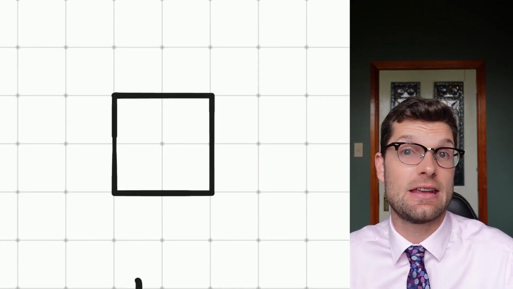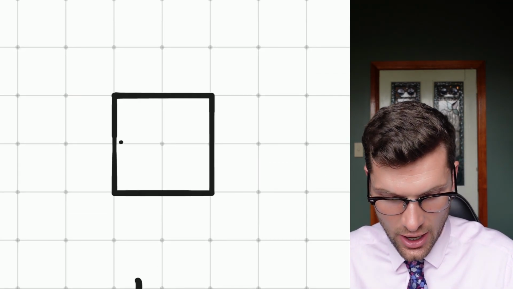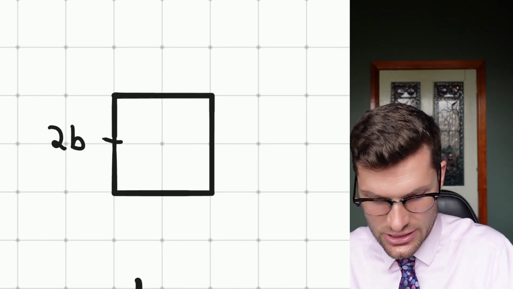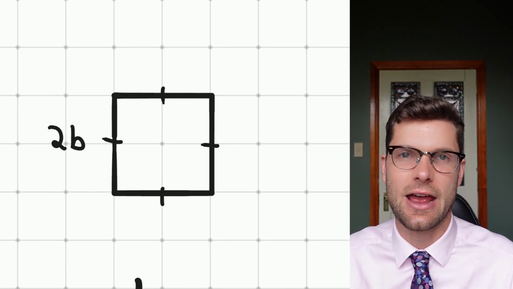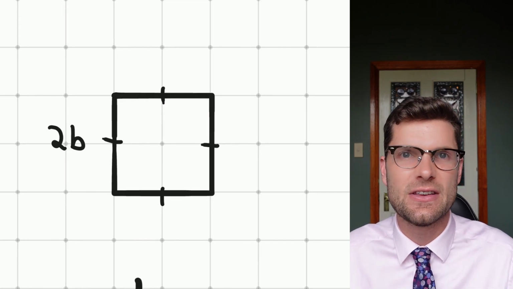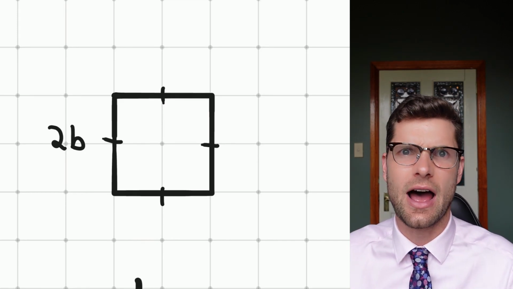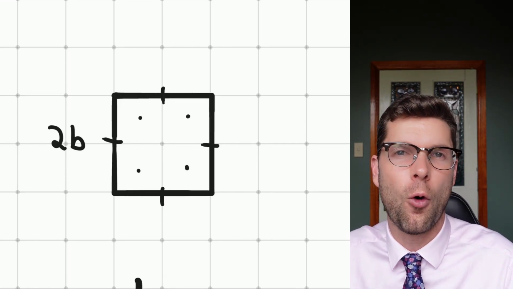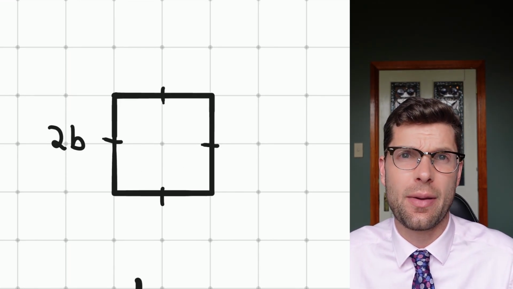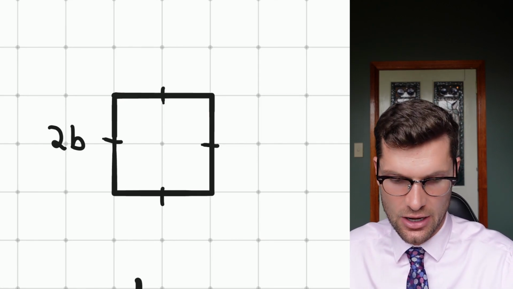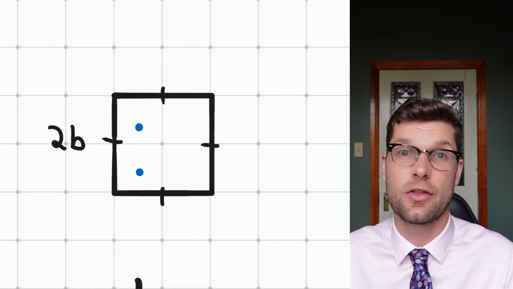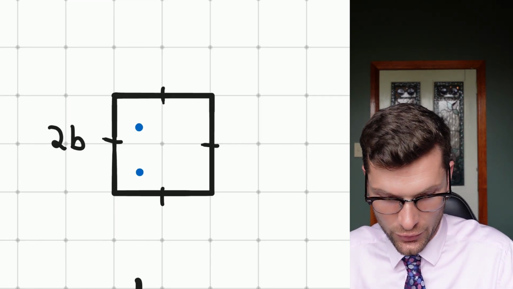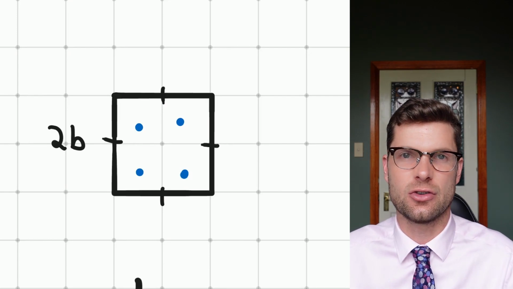If I move down into this one, I've got this side being 2 boxes worth, so it goes up 2 boxes, and each side length, again, is exactly the same. That's how we know that it's a square. But this time, instead of having one box, we could see 1, 2, 3, 4. We've got 4 boxes instead. So the way to think about the area of a square is that I've got these 2 boxes that go up, and I've got those 2 times, once and then next to each other as well.